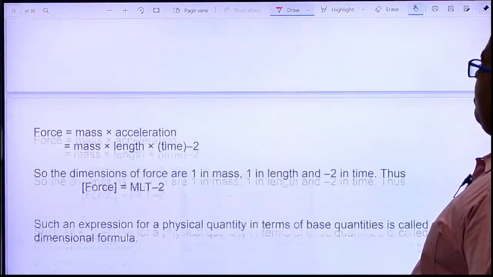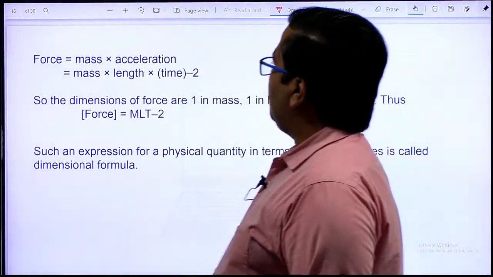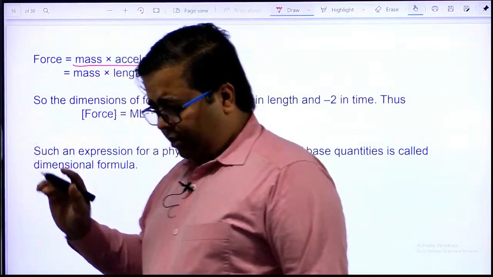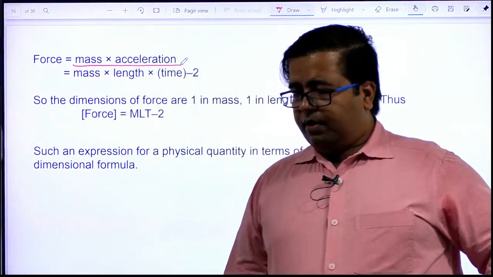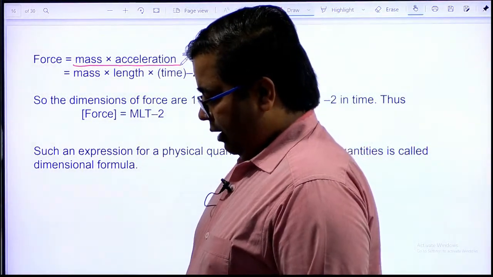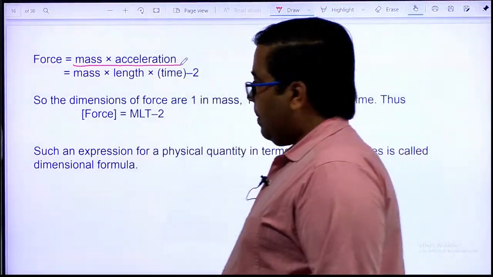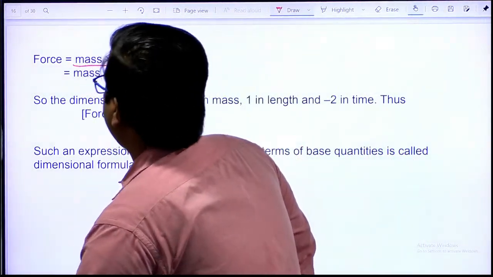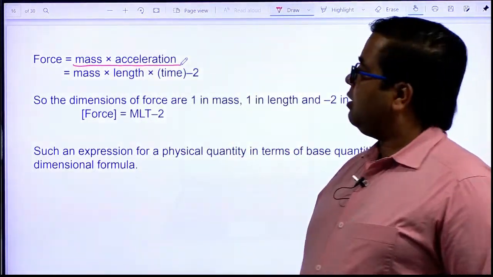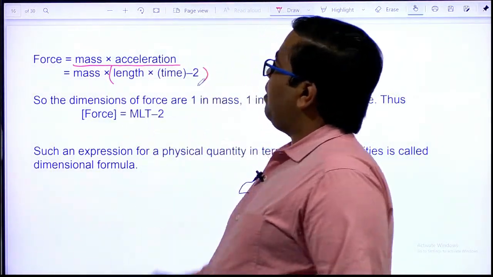Here we have another example, force. Force can be written as mass and acceleration. Just tell me, do you have any doubt? If anybody has any doubt, just tell me. Mass into acceleration, and acceleration we have seen is length into time to the power -2.